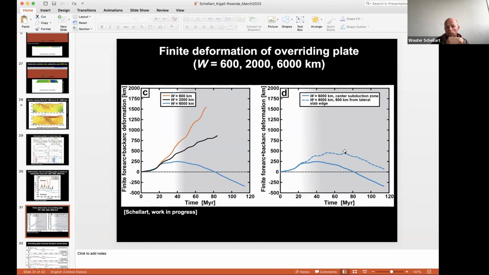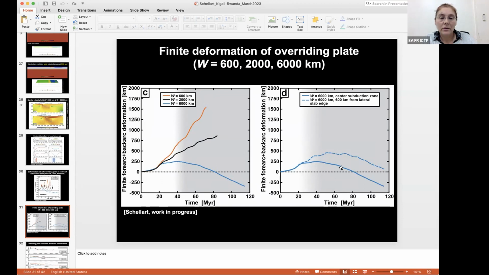But here we see a positive slope, a line close to the lateral slab edge, so at this point in time the overriding plate is extending. So at the same point in time, different locations of the same subduction zone are doing different things in terms of their deformation. So the bigger the subduction zone becomes, the more significant this becomes. Yeah, true.